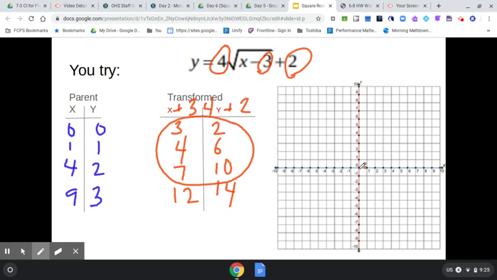My first point is 3, 2. The next one is 4, 6. And the last one that fits on the graph nicely is 7, 10. You can connect these 3 points in that smooth curve graph. And there is my transformed square root function. This concludes the notes for today, guys.